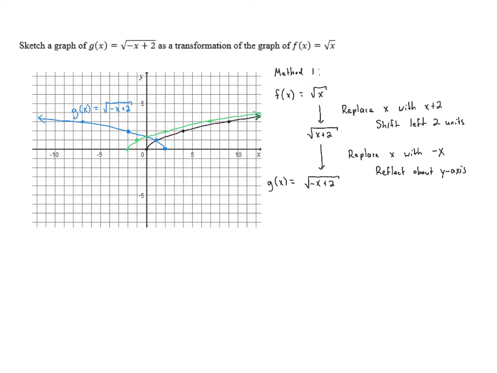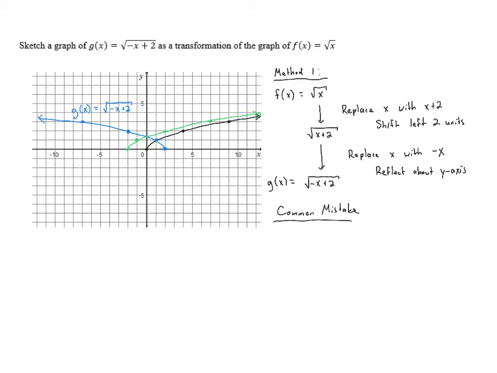Now, what I want to do next, instead of looking at the second method that we can do, the second way of doing this, I want to talk about the common mistake that students make. The common mistake that students usually make is they look at the function that we want a graph of, and they say, okay, there's a negative in front of the x, and then 2 is being added.